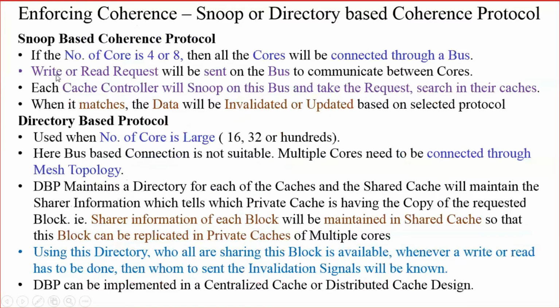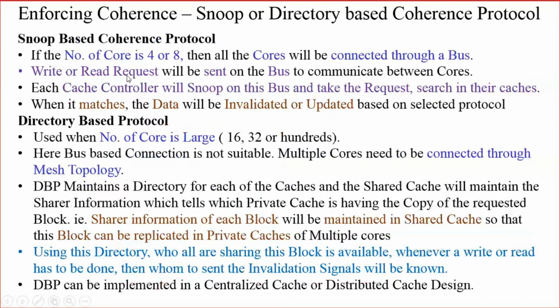And if you want to perform read or write, the read or write request will be sent on the bus, so that all the other cores can read from the bus. So each cache controller will be snooping on the bus. Since it is snooping on the bus, this protocol is known as Snoop-based protocol.